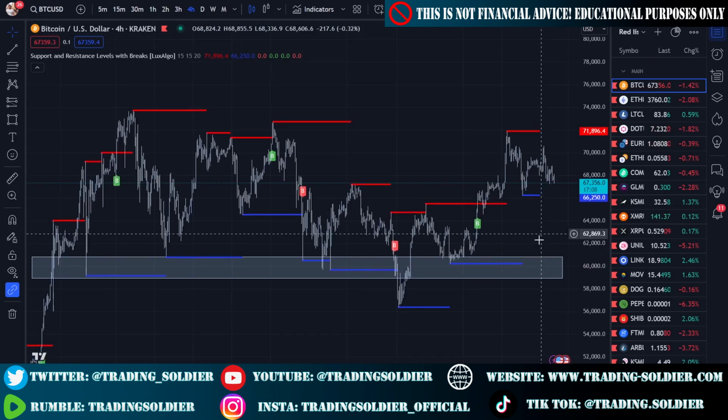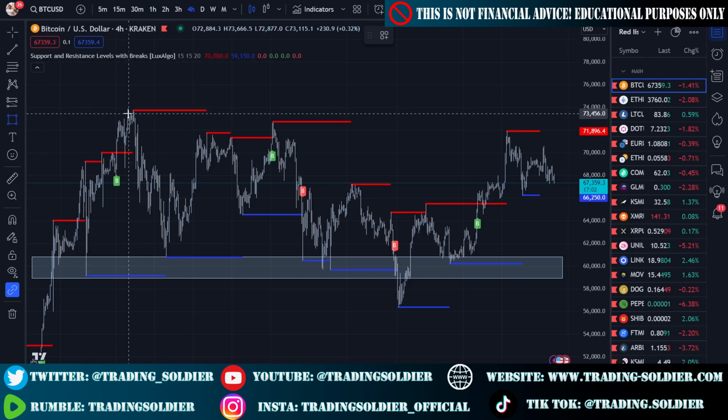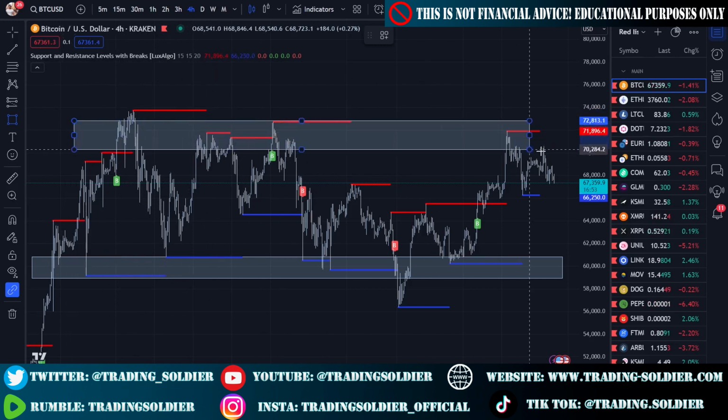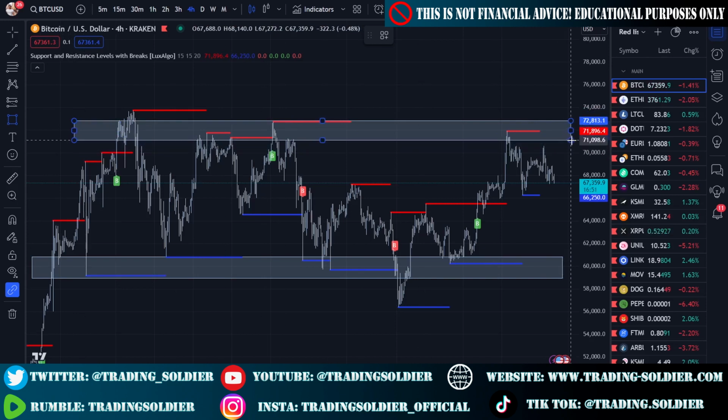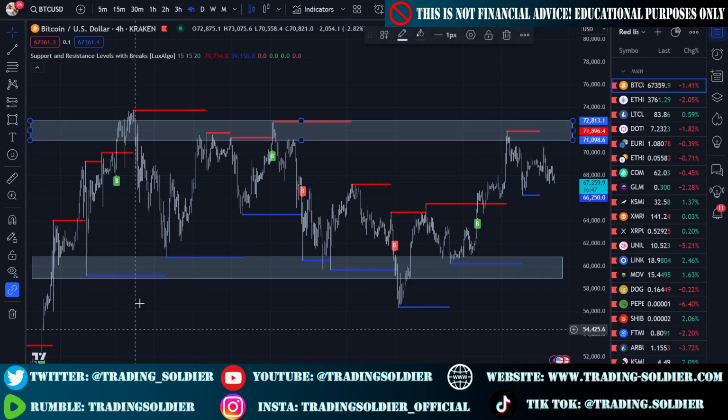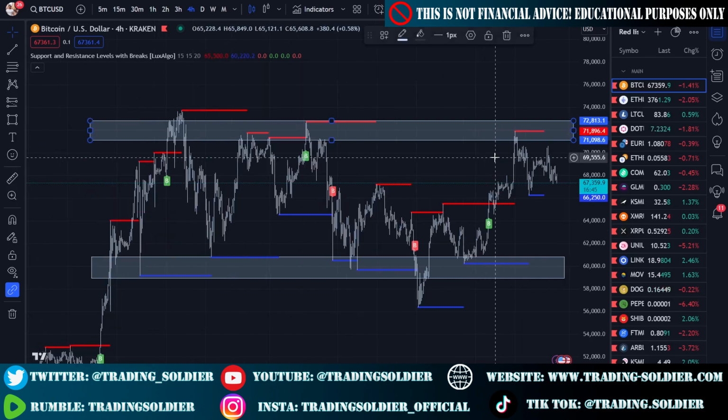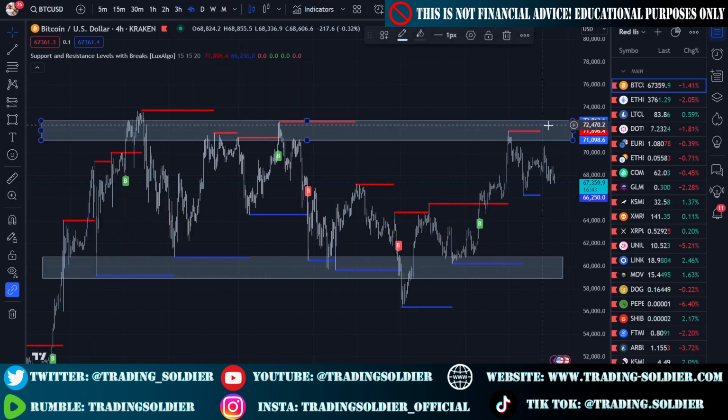Okay? On the opposite side, if I had to draw a resistance level, I would look for a cluster of last swing highs. So here we have one, another. So I can assume that this level here will be a resistance level. And here we are left with a range, okay, that the asset is trading in. Bitcoin is trading within this range.